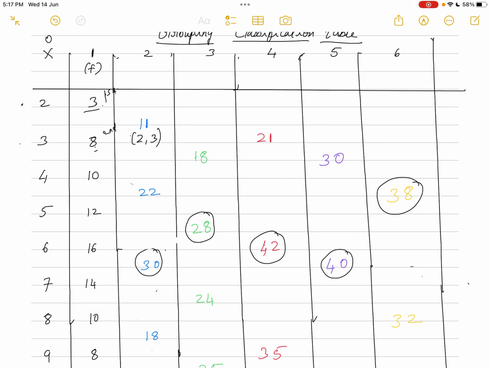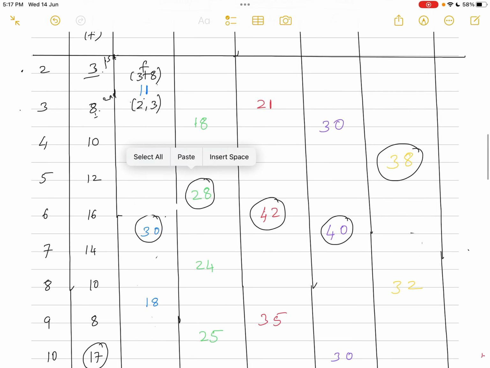Whatever I am writing here is the values of x. It's not the frequency. Frequency is 3 plus 8, that's what we are getting, 11, and 2 and 3 are the corresponding x values. So like that you keep on adding all the 2 rows each.